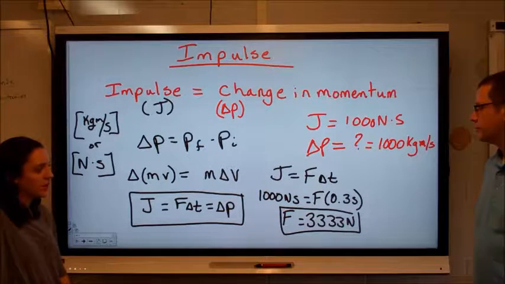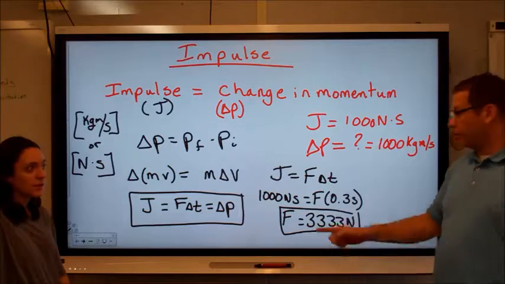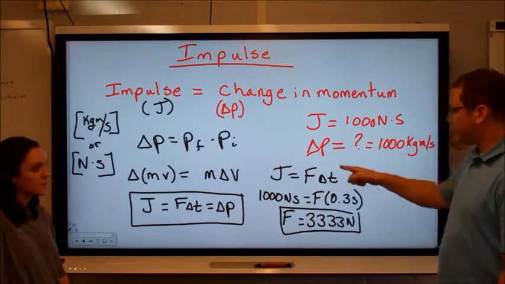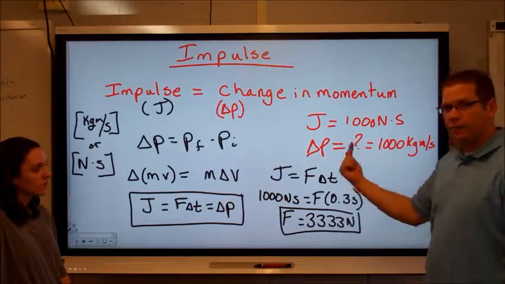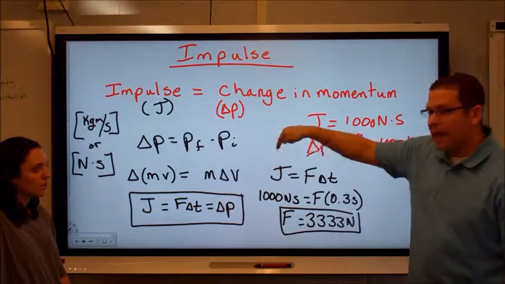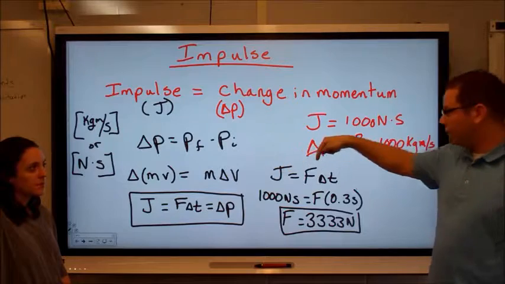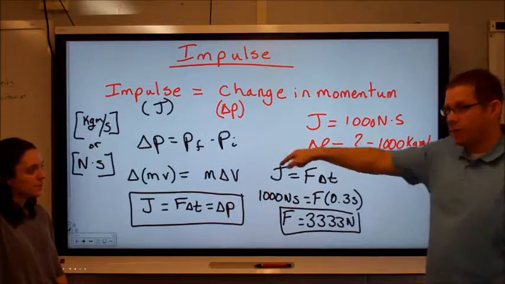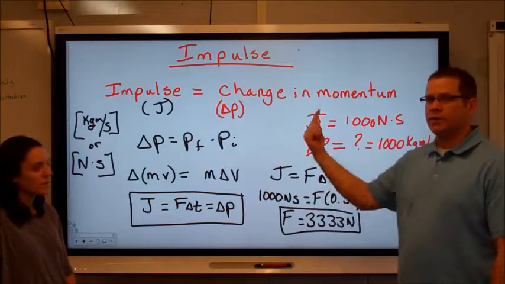What would happen to your force? Well, this relationship is always going to be the same. So J is equal to force times delta T. If the time goes up and the J has to stay the same, the force would have to go down. If the time goes down and the J stays the same, the force has to increase.